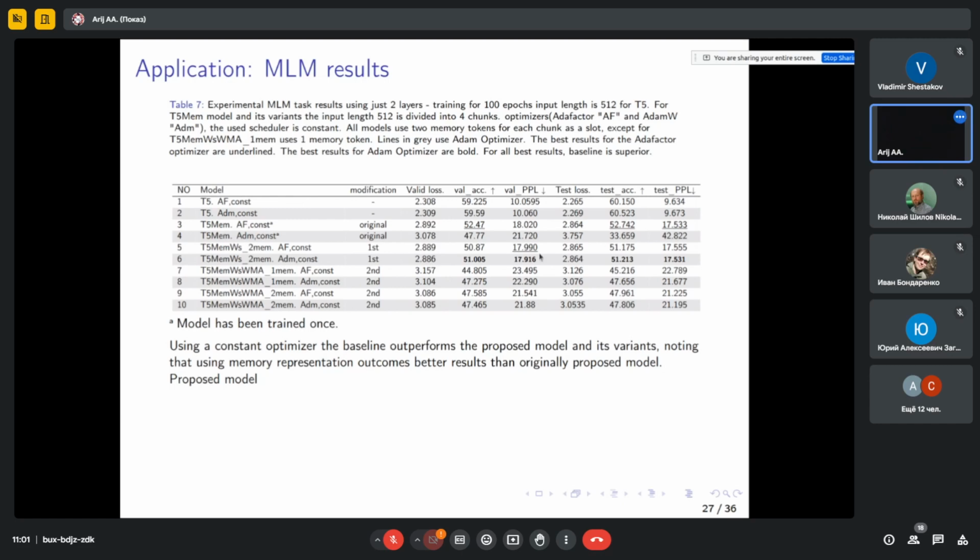But anyway, we can note that using just the memory representation gives us better results than using the complete representation of the chunks used by the proposed model. And this again emphasizes the compression ability of the memory slots that needs to be investigated in the future.